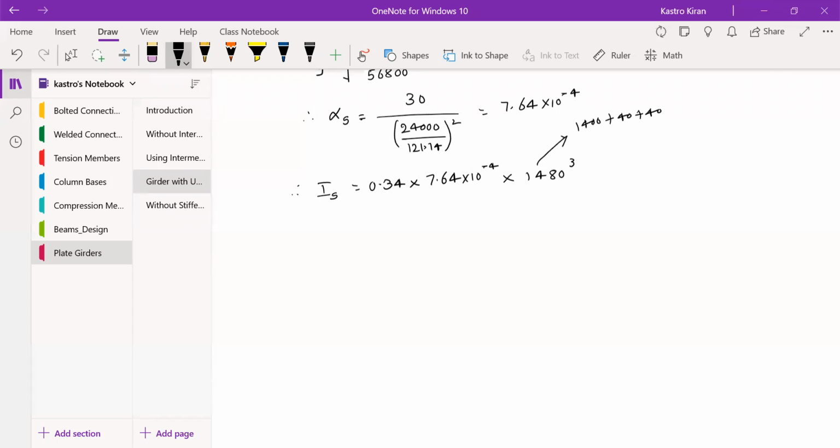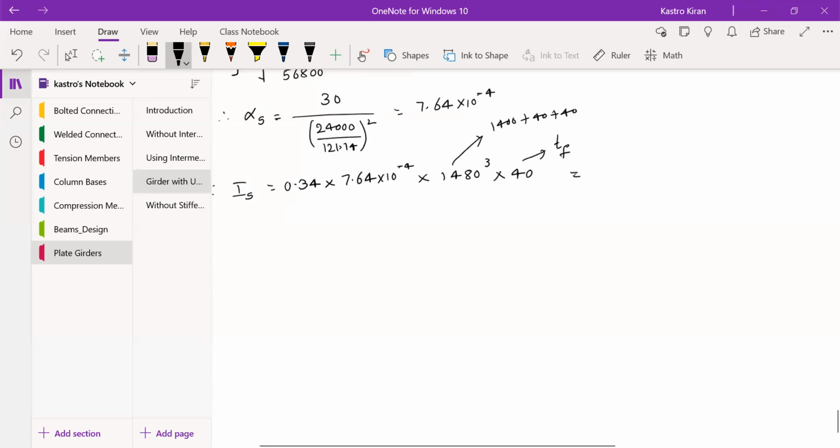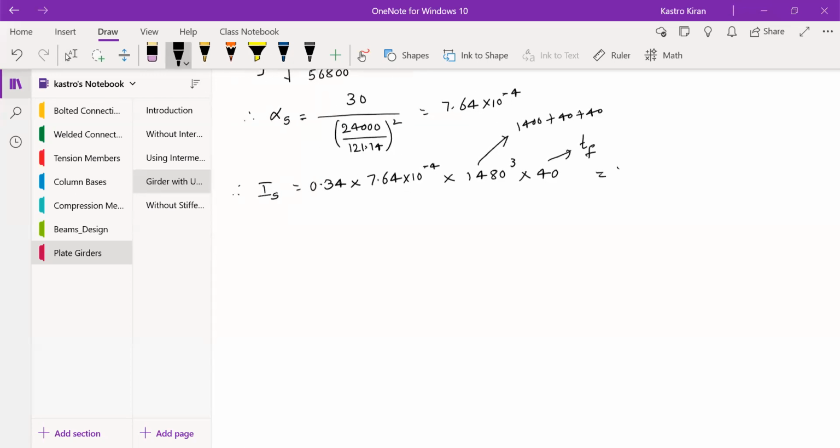So 1400 plus 80 will give you 1480, into the TCF value, that is again 40. TCF is nothing but the thickness of compression flange. Since both flange thicknesses are the same, I'm just mentioning it as TF. So fine, this value, if you solve, equates to 33.68 into 10 power 6 mm power 4.